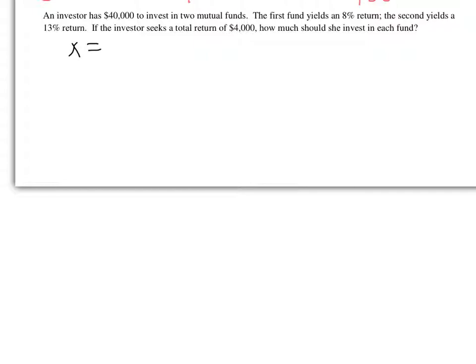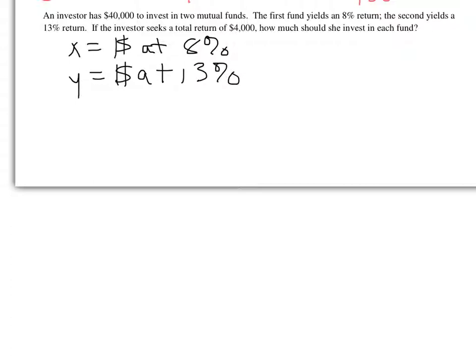Let's let X be the number of dollars that we invest at 8%. So Y will be the number of dollars we invest at 13%. So if we add the amount of money that we invested in each fund, that'll give us $40,000. That's how much money we've got to invest.